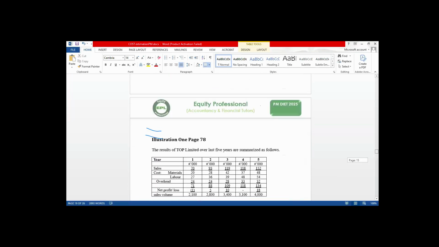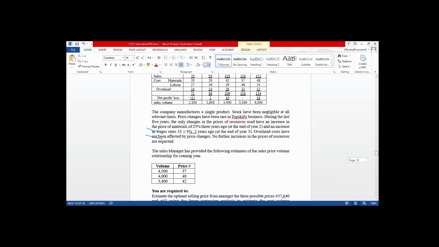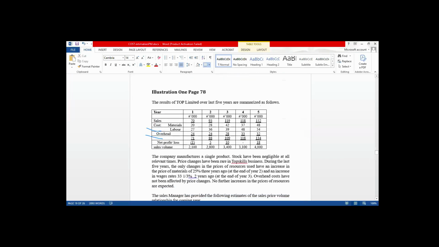All right, let's look at the question. I'll read. The result of Topsky Limited over last 5 years are summarized as follows.